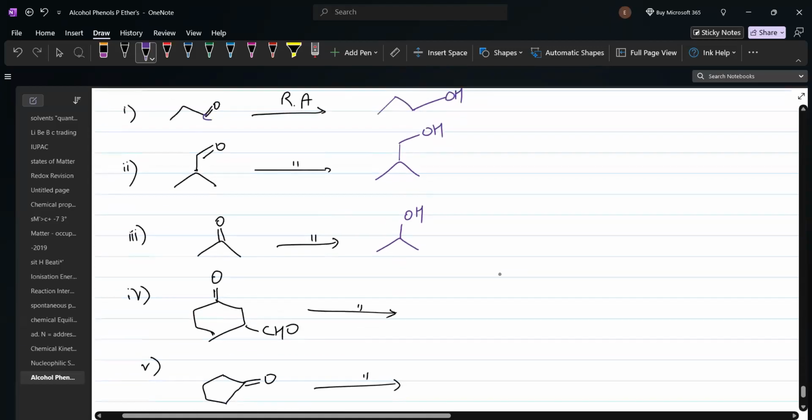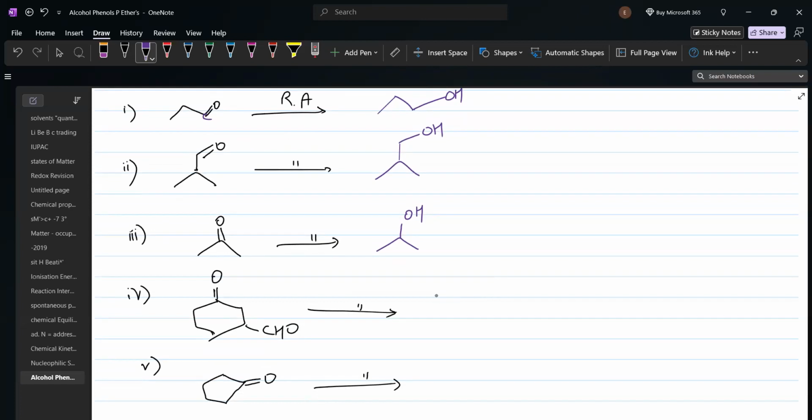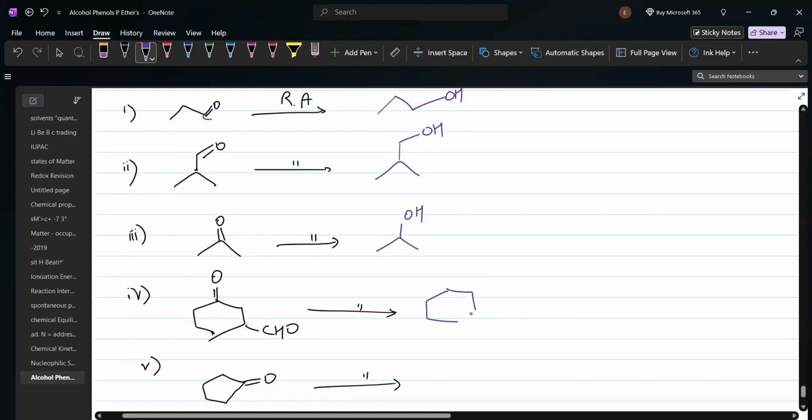Please make corrections if you have done wrong, and if you have some doubt, we will discuss. And in this one, the bond between this carbon and this oxygen will break, and this will form OH. Okay? And this carbon will form an OH bond, right? So this will become like this, right?